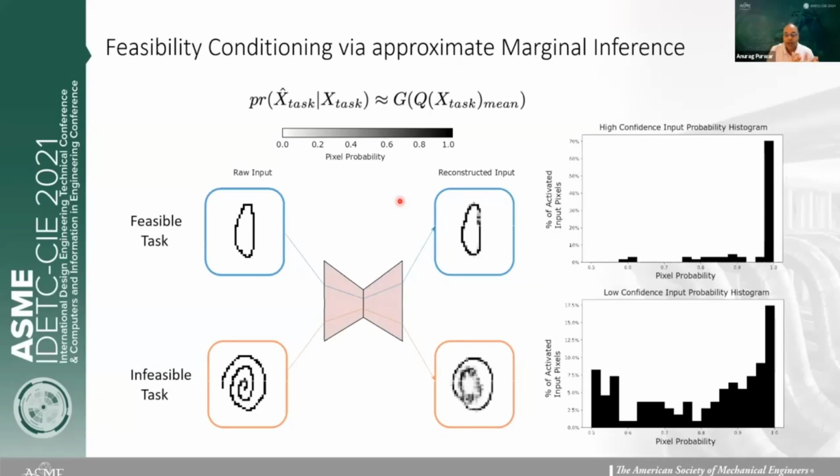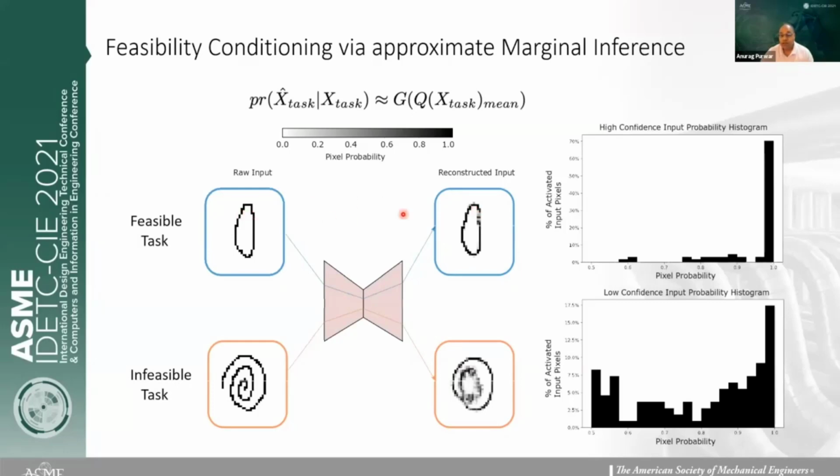Now, what can we do with that? Here is our way to do the feasibility conditioning, right? When we say that we have an input task and we call it a feasible task, it can go through our CNN VAE architecture and give you a reconstructed input, right? Now, when you look at the reconstructed input, you know that it's not going to be identical to the original unless it came from a known 4-bar mechanism, which can be exactly generated.